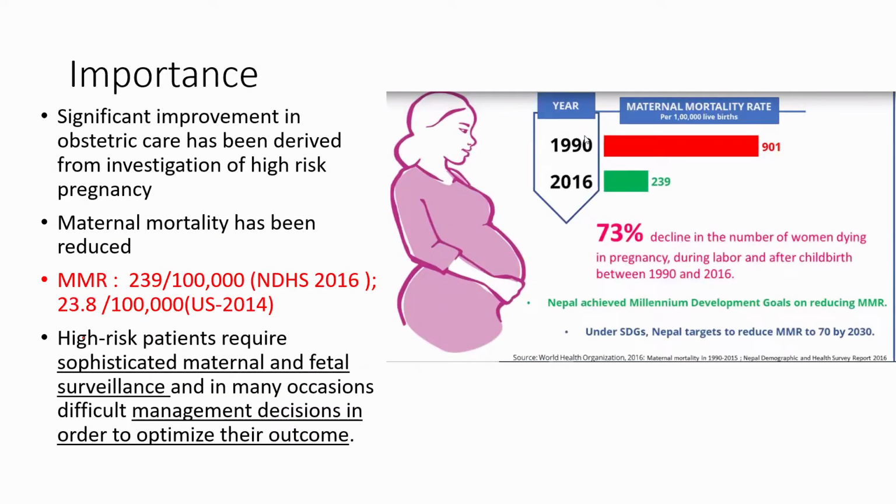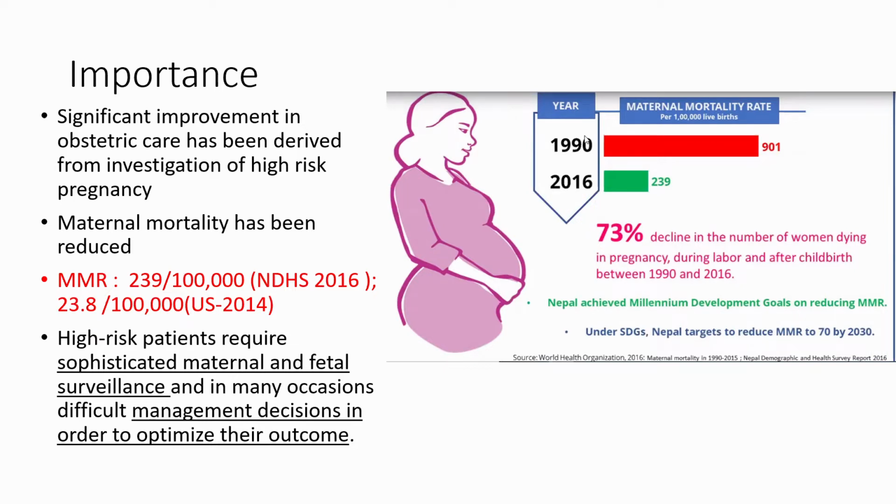So what is the importance of high risk pregnancy? Our ultimate aim is to decrease maternal as well as perinatal morbidity and mortality. When there is significant improvement in obstetric care, the outcome will be good.